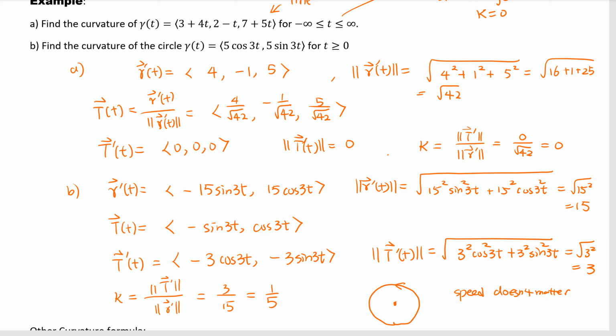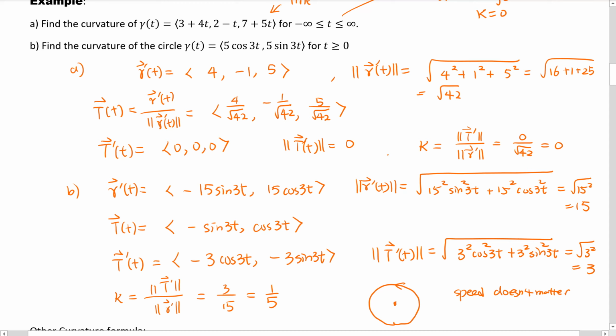Even though we might use a different parameter t, you can change the speed, but the shape of the circle, the trajectory of the particle, is still the same. So the curvature of a circle only depends on the size of the circle, and it does not depend on the speed.